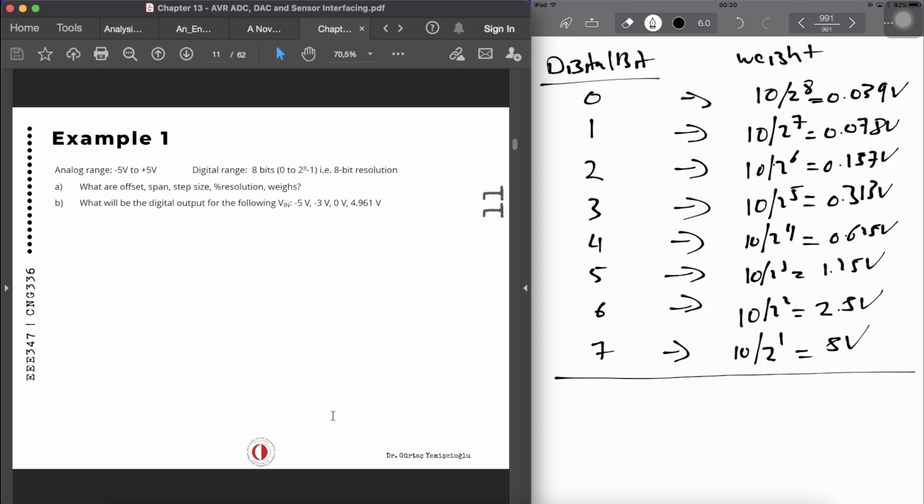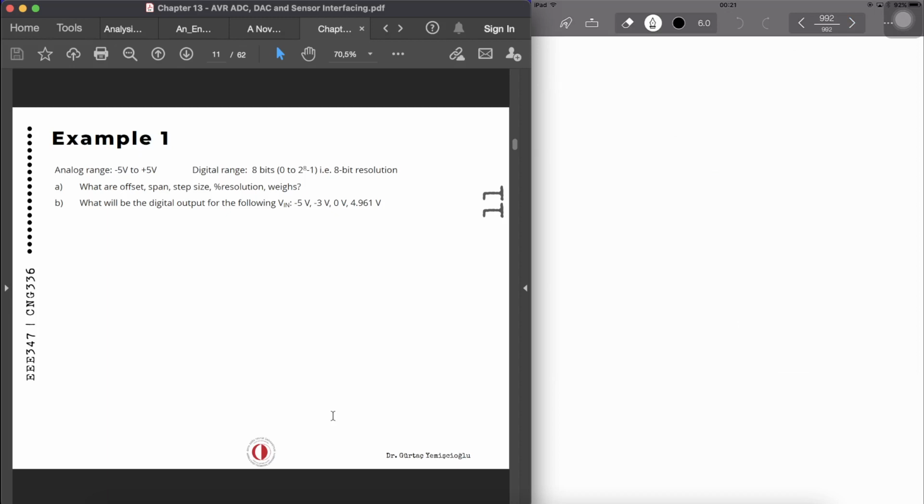And part B says what will be the digital output for the following inputs: -5 volts, -3 volts, 0 volts, and so on. Now, for digital output, we know the formula, which is D out equals the analog voltage minus the offset, divided by the step size.